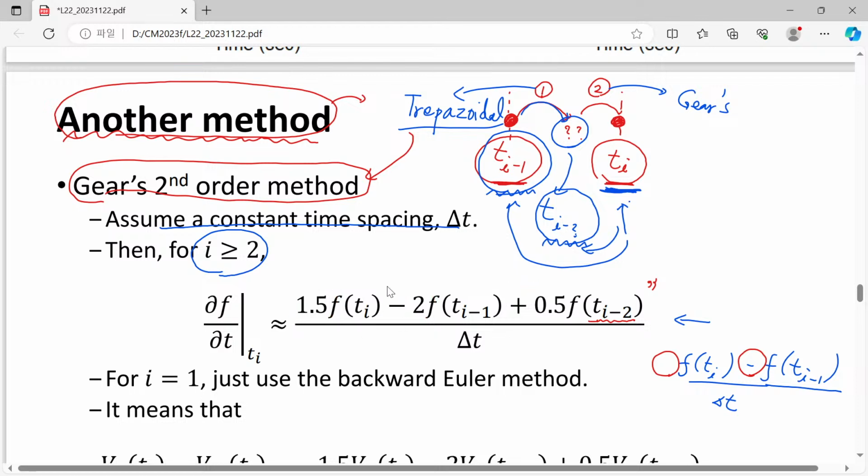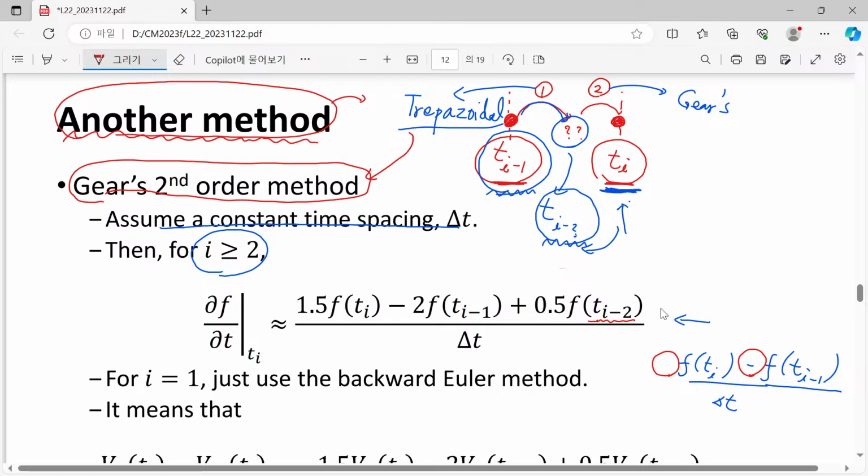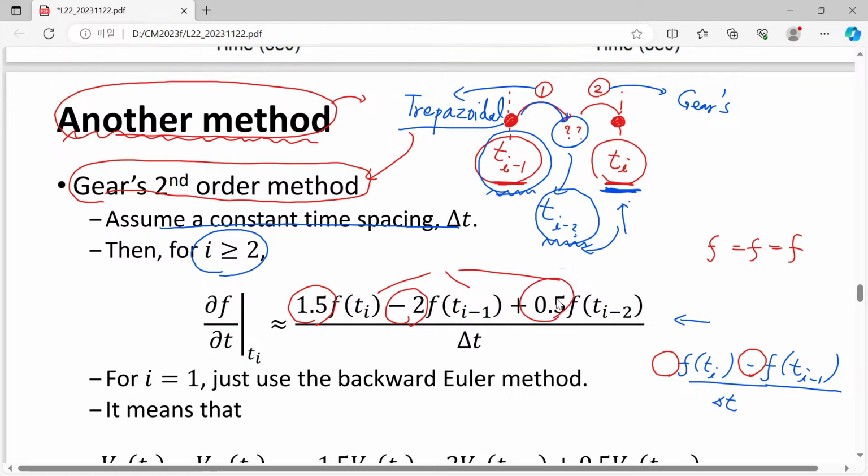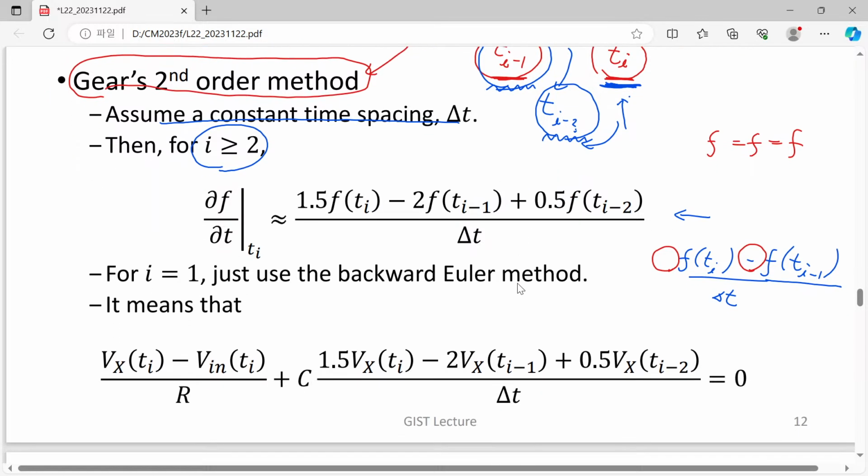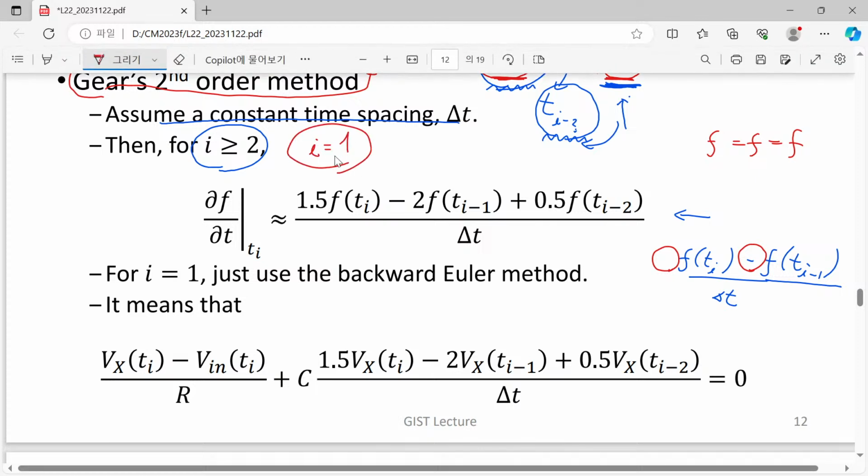Of course, all of these kinds of schemes should vanish when f is constant: if all values are the same, then the time derivative should vanish. Can you recognize it? Because this is 1.5 minus 2 and positive 0.5, the sum of them is just 0, so the time derivative vanishes. Obviously when i equals 1, that introduces a problem.